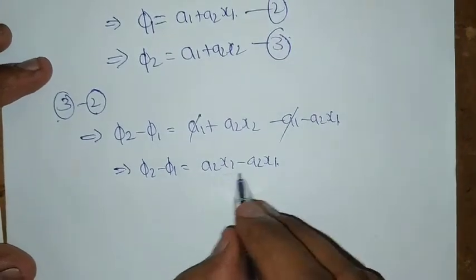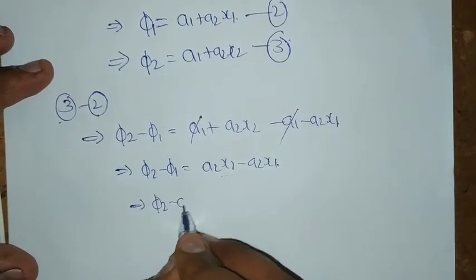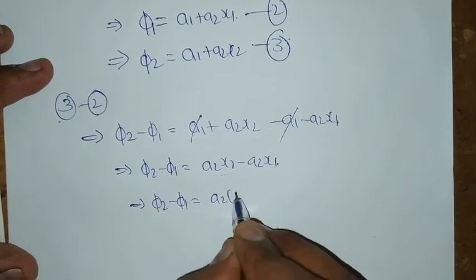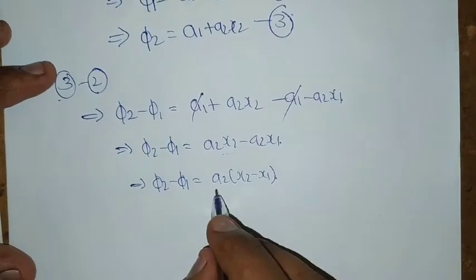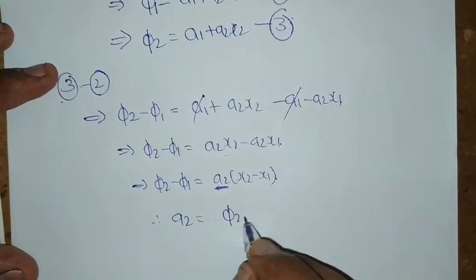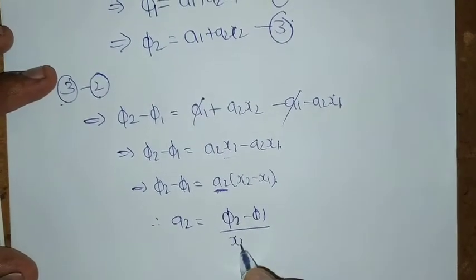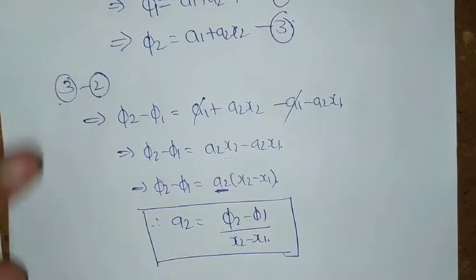Taking the common term a2 out, phi 2 minus phi 1 is equal to a2 of x2 minus x1. Therefore a2 is equal to phi 2 minus phi 1 divided by x2 minus x1. So we have found the value of a2.